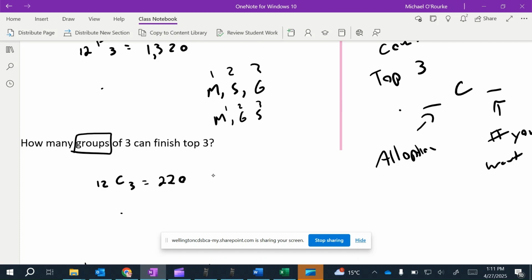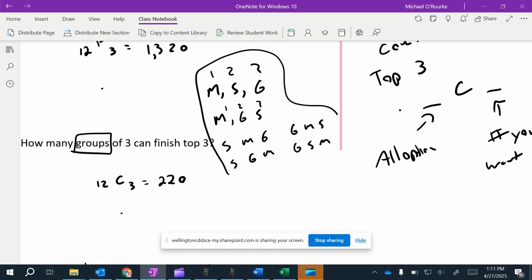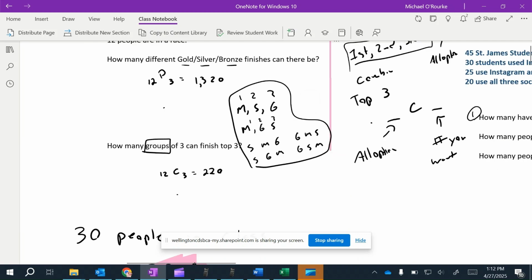Then I could also have Stephen, Mark, Gabriel, and then Stephen, Gabriel, Mark. Those are all different. Then I have Gabriel, Mark, Stephen, or Gabriel, Stephen, Mark. Those are all different. In terms of combinations, all of these are the same. It's just three people finishing in the top three.